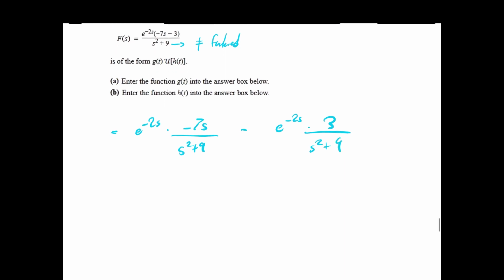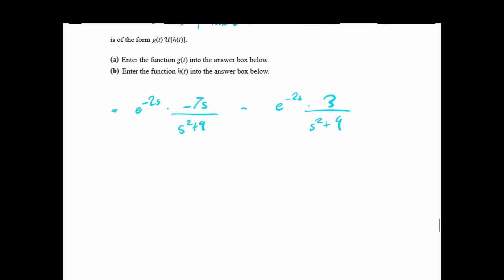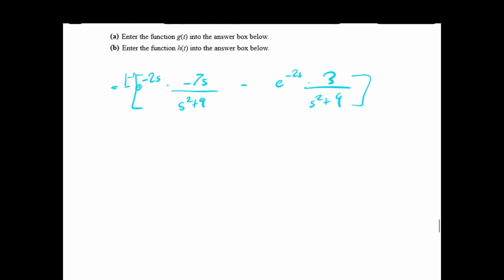Okay, so this is what I have when I fully expand it out, and if I take the inverse Laplace of this whole thing, the 7 I would have to bring out, right? And then I just have s over s squared, so I know I'm going to get cos.